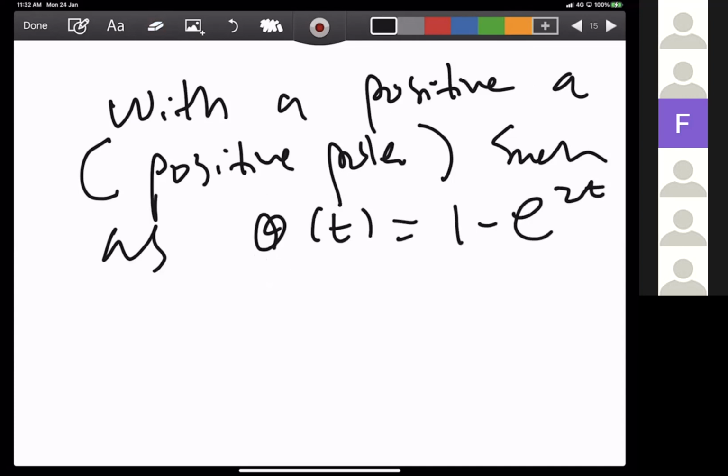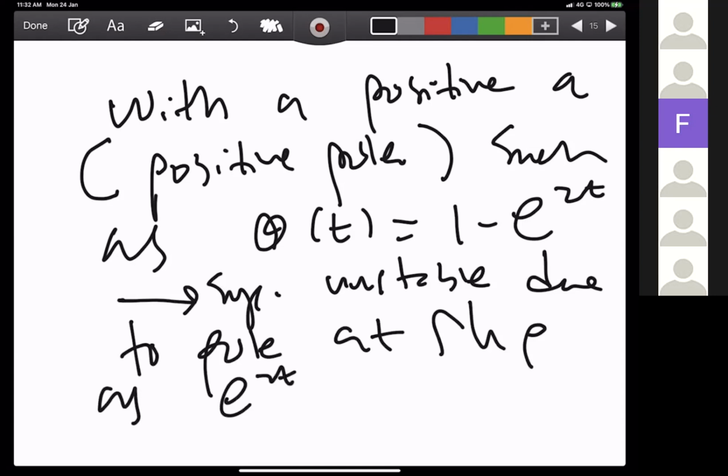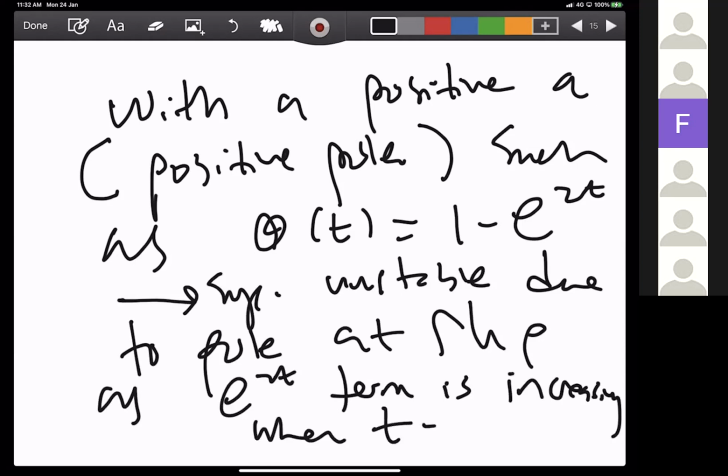So if we look here, it makes the system unstable due to pole at right half plane, as exponent 2t term is increasing when t goes towards infinity.